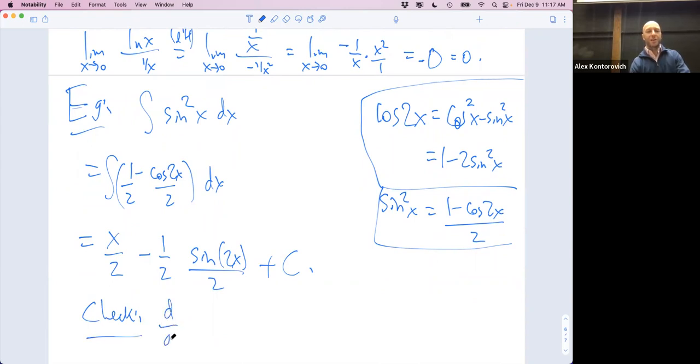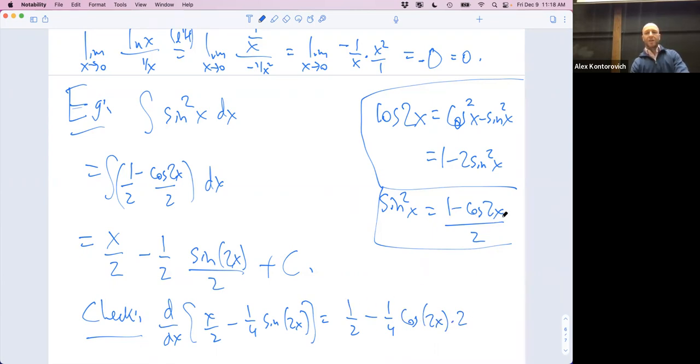If I differentiate x over 2 minus a quarter sine of 2x, what do I get? The derivative of x over 2 is a half. This is a quarter. Derivative of sine is cosine of 2x, chain rule times a factor of 2. That is 1 minus cosine of 2x over 2.